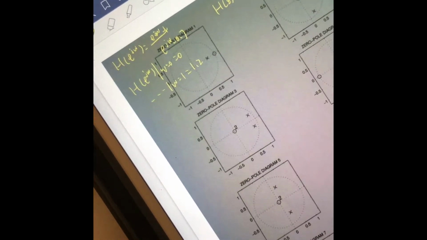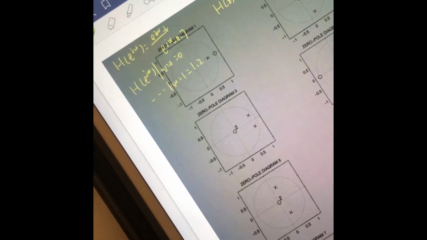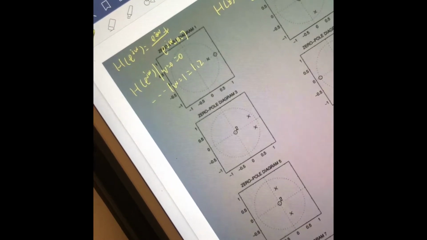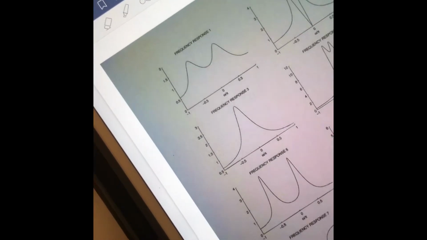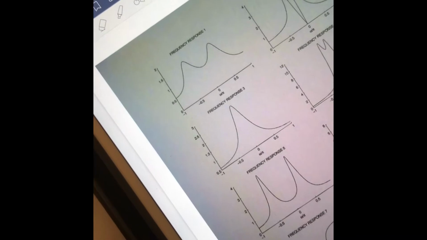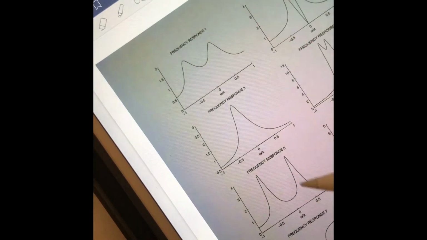And we can assume that r equals 0.8 and theta equals 0.4 pi. So we know that it could be frequency response 1 or frequency response 5.